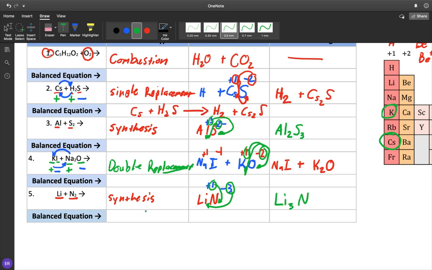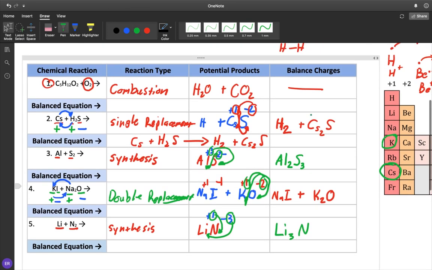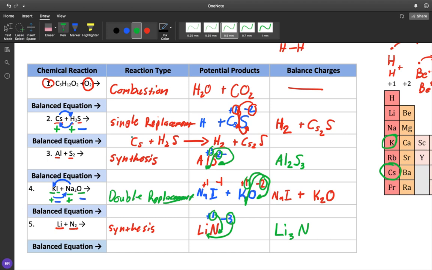Okay, so this is how we determine the products. So remember, first determine what type of reaction. If it's combustion, automatically the products are H2O and CO2. And then anything else, so single replacement, just make sure that you are replacing the appropriate element so that we always have a positive with a negative. Synthesis, these just come together.